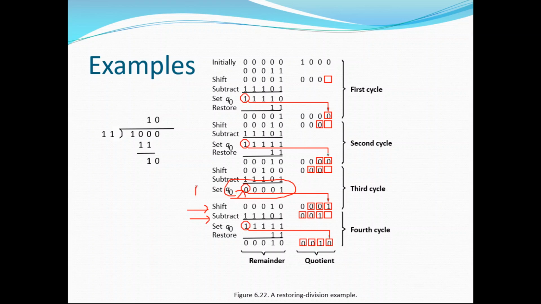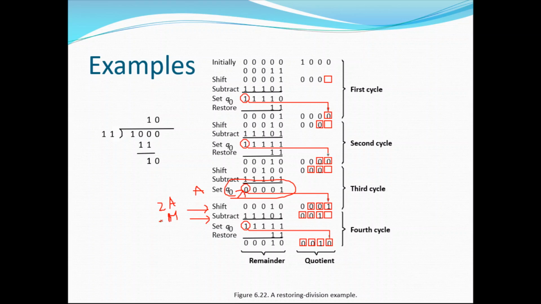So this is A, right? Left shifting is equivalent to multiplying the number by 2. So if this is A, after left shift it will become 2A, and M is subtracted from that.